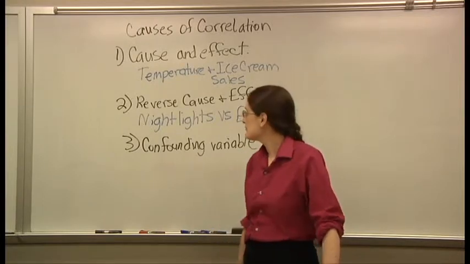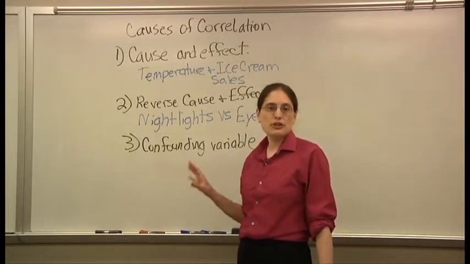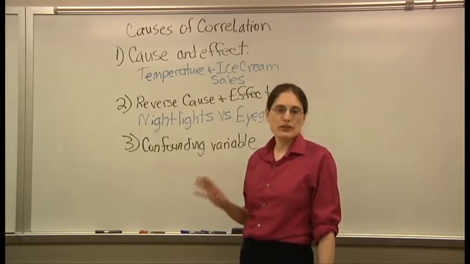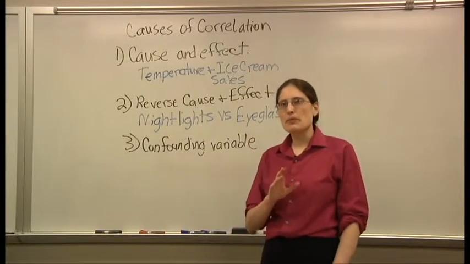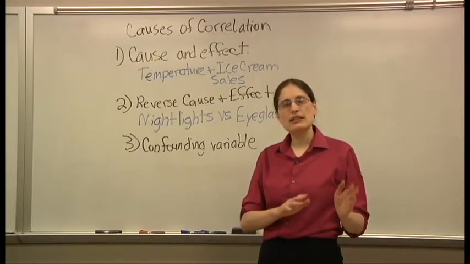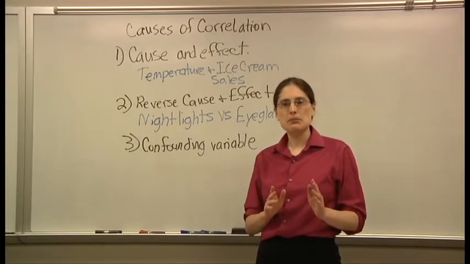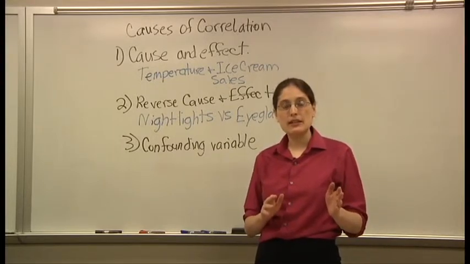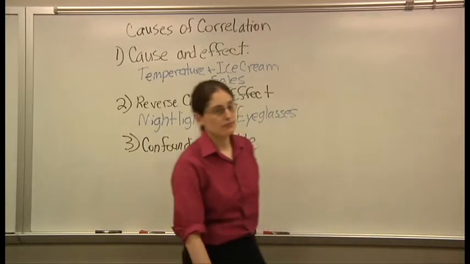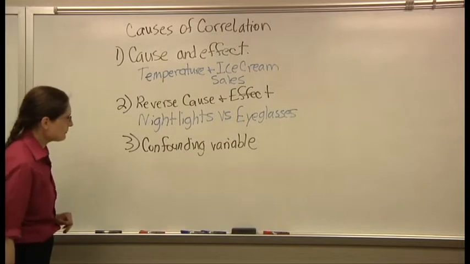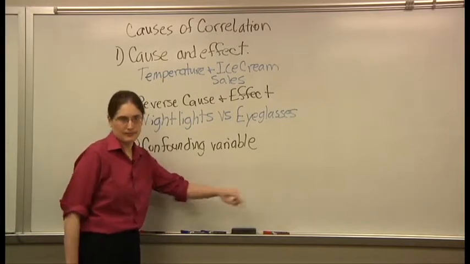So this is a major issue in trying to study the health effects of human lifestyles, that people who make one healthy choice tend to also make other healthy choices. And people who make one bad choice may be making other bad choices. So, confounding variables.